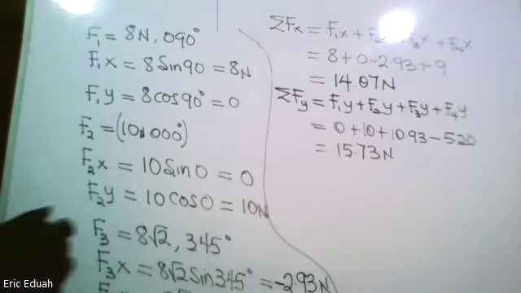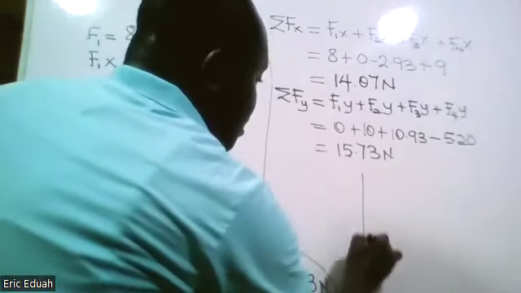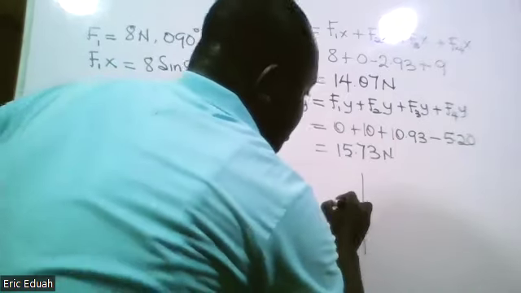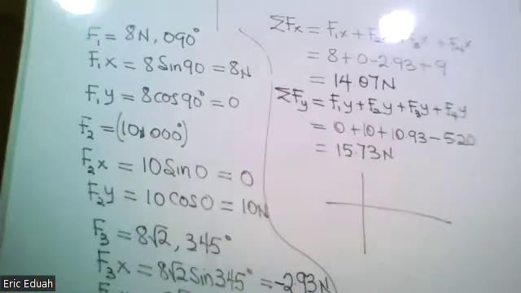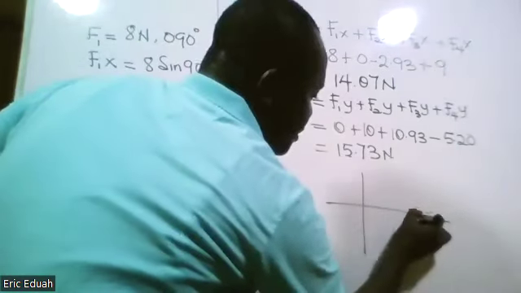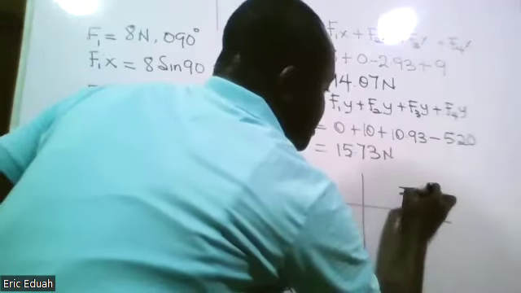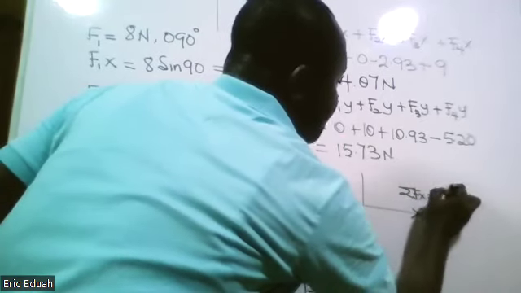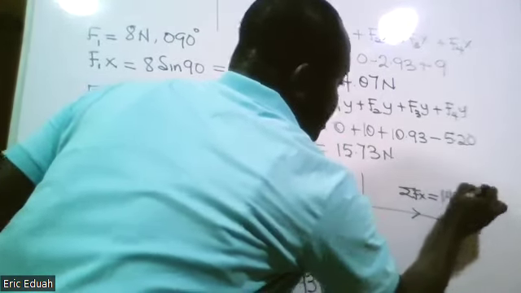They are all positive, so 15.7. So summation f of x is positive, which is 14.07.